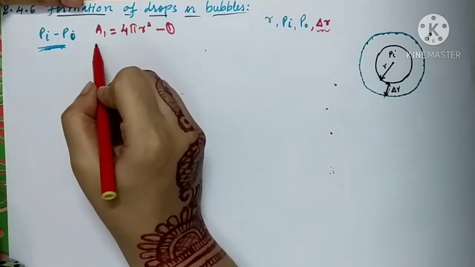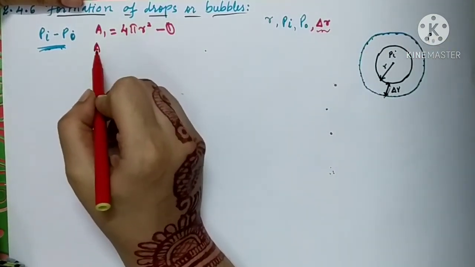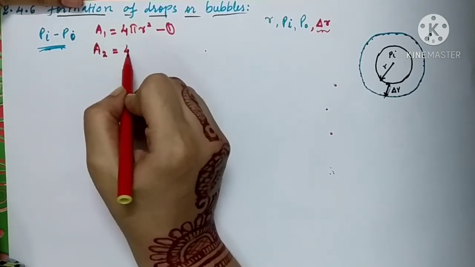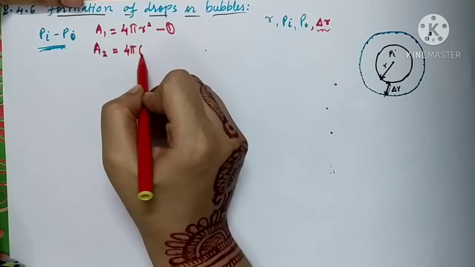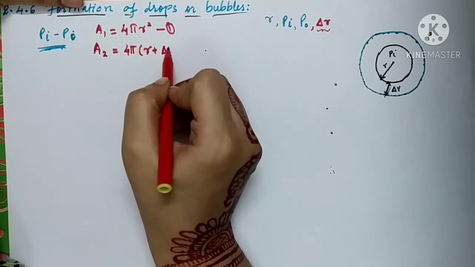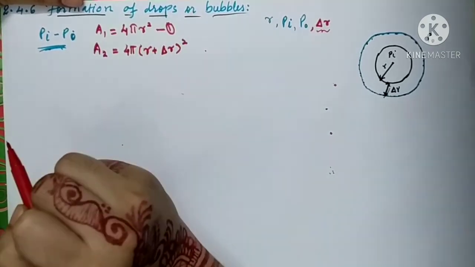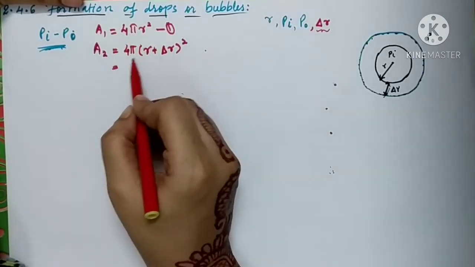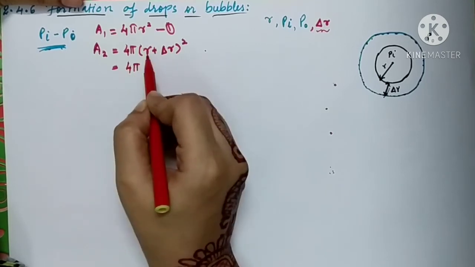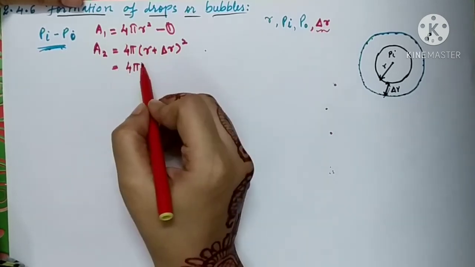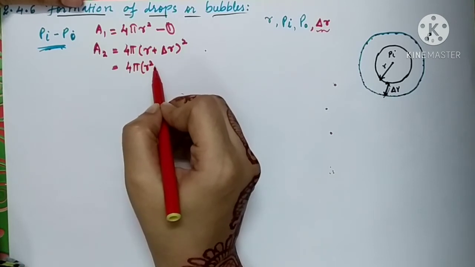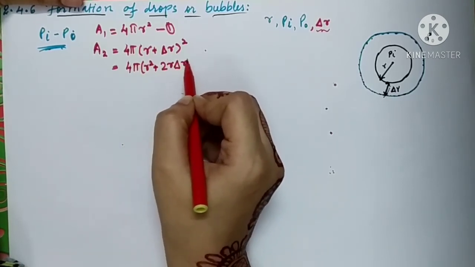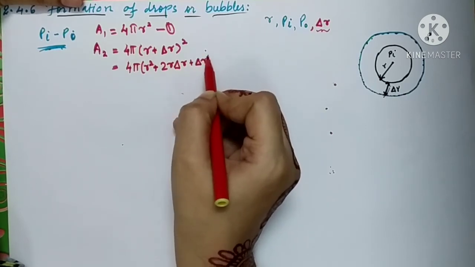The increased area of the liquid drop is 4 pi, where r is replaced by r plus delta r. Let us expand it, just like a plus b the whole square. It is 4 pi r square plus 2r delta r plus delta r square.